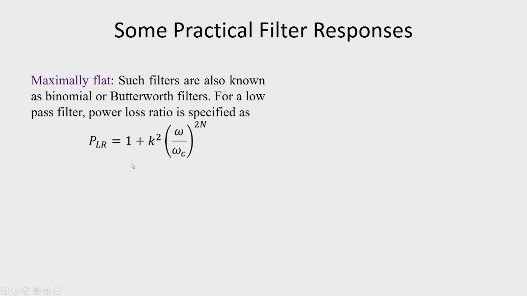and for a low pass filter the power loss ratio is specified as PLR is equal to 1 plus k square into omega by omega c raised to the power 2N.